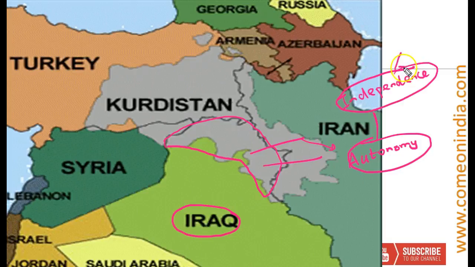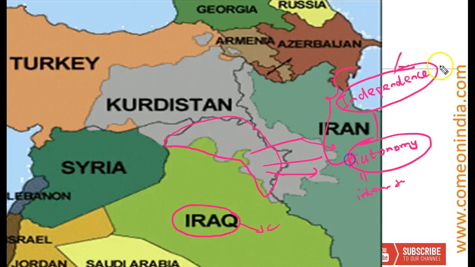Its foreign policy, everything will be decided by itself. Autonomy means internal freedom. It means the foreign policy of Iraq will be decided by the central government, but the province affairs will be managed by the Kurdistan people.